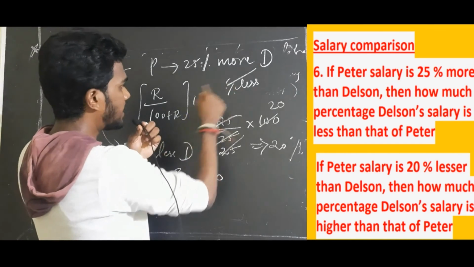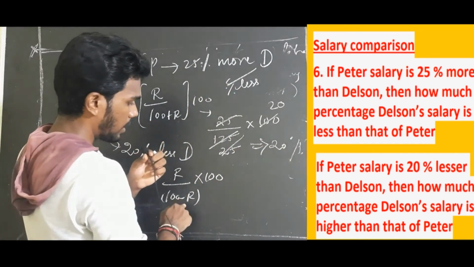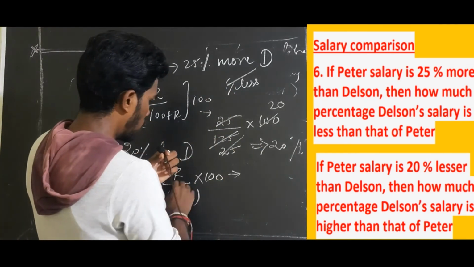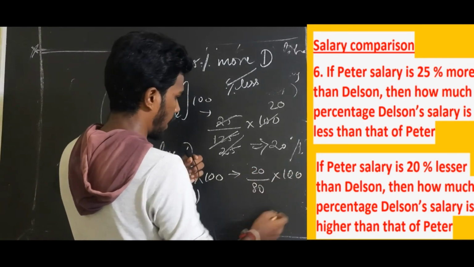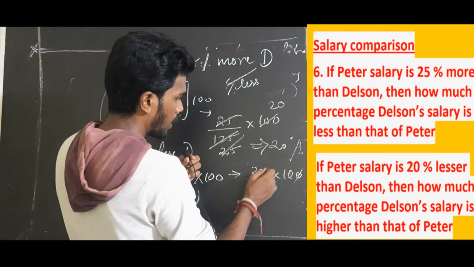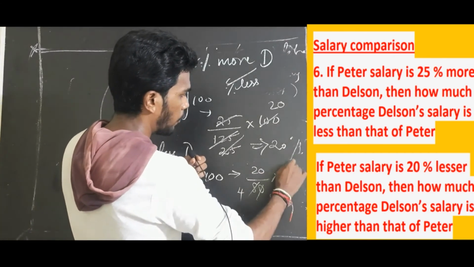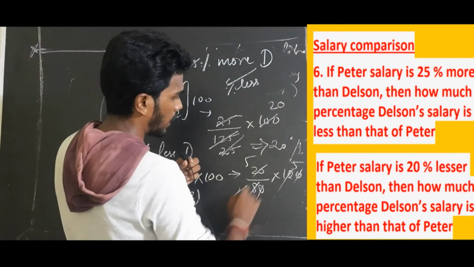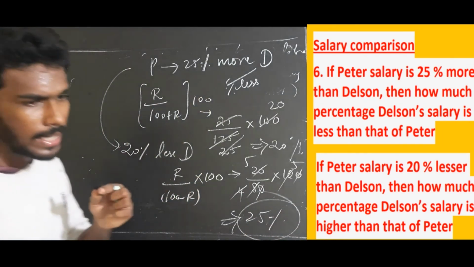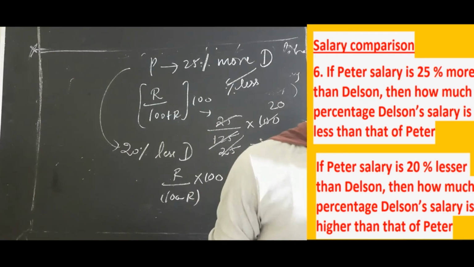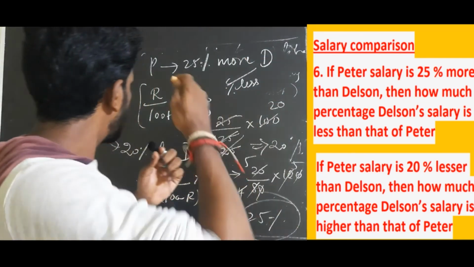Vice versa, less means plus, more means minus. So R is 20, 100 minus 20 is 80, into 100, right? The 0s get cancelled. 2 4s are 8, 2 5s are 10, 4 5s are 20. So it is 25%. Delson's salary is 25% higher than Peter's.